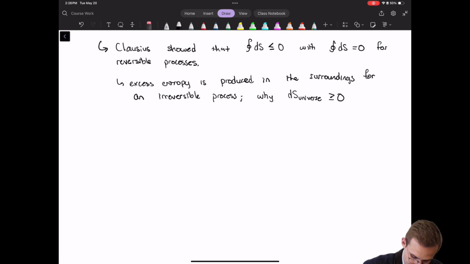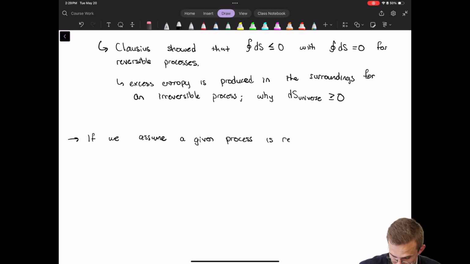So if we assume a given process is reversible, then we can replace delta Q in that dU equation with T times dS. Then we can write dU is equal to T dS minus P dV.